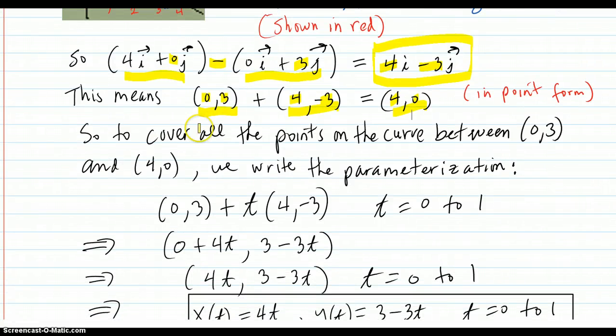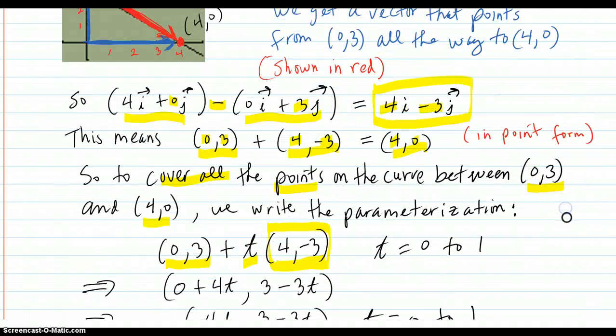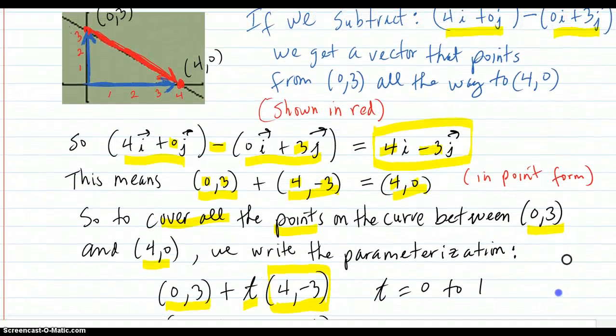So we want to cover all the points on the curve between 0, 3, and 4, 0. So we write the parameterization like this: 0, 3 plus a parameter times 4, negative 3. 4, negative 3 is a vector that's spanning the curve, covering the curve.